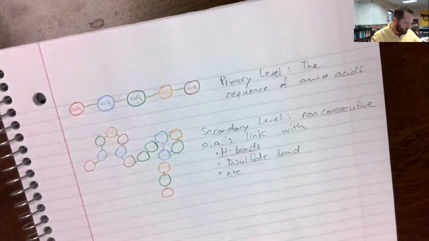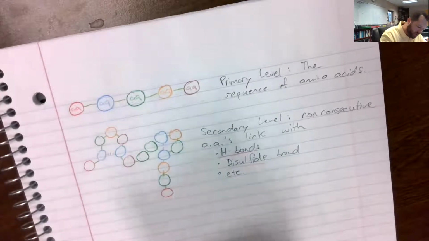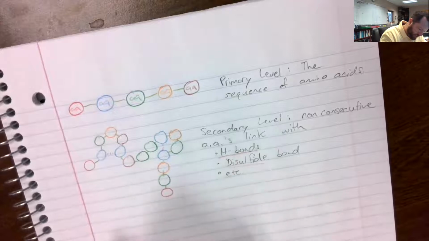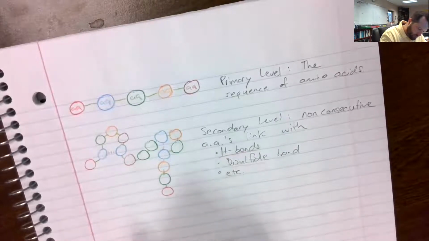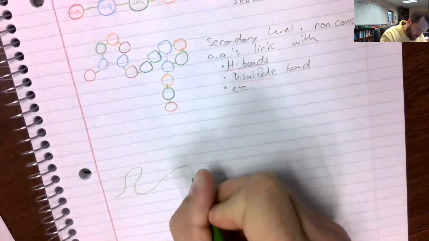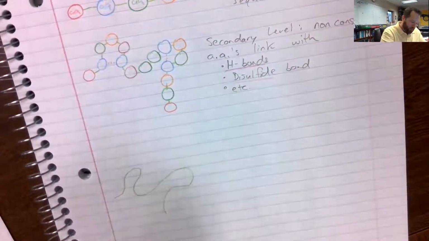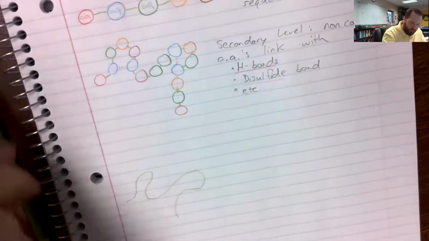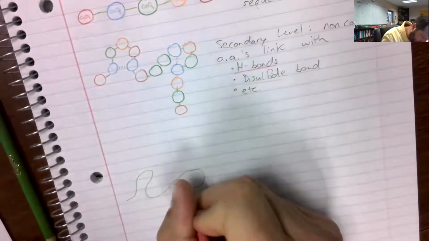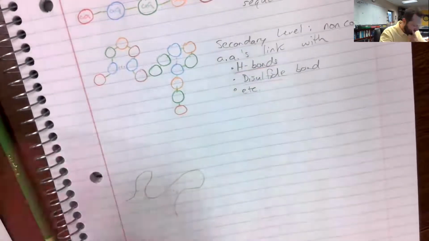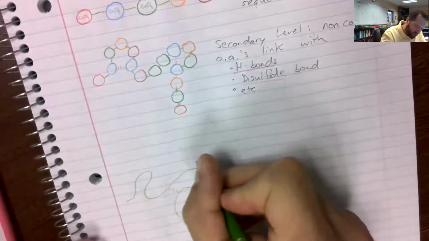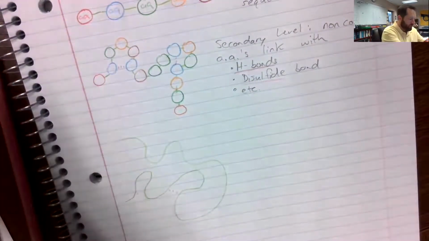That's going to bring us to our tertiary level, and this is where folds interact with folds. All right, there's our initial fold. So here's our initial fold, and we came down and went out like this, back and down. I'm zoomed out way far. We can't even see individual amino acids anymore. And here are our hydrogen bonds or disulfide bonds, holding those two folds together. Oftentimes these folds wrap around and fold in on each other again.